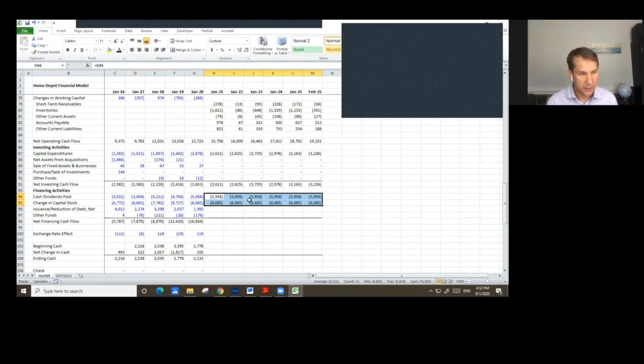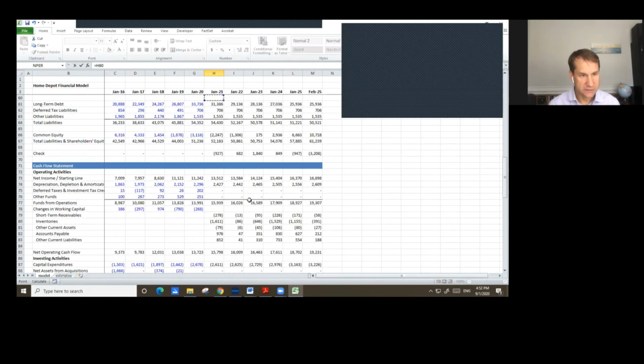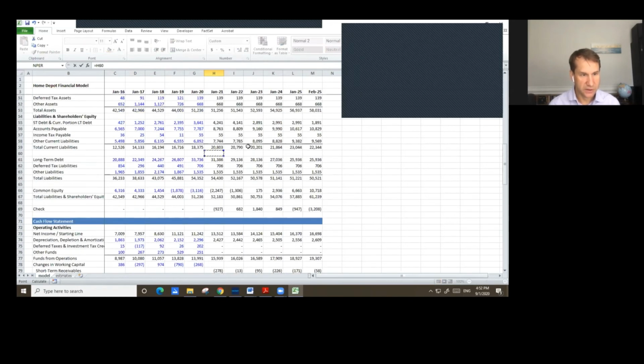And then issuance and reduction in net debt. So this would be from the balance sheet, the same logic as we've used for current assets. So this would be both current and long-term.